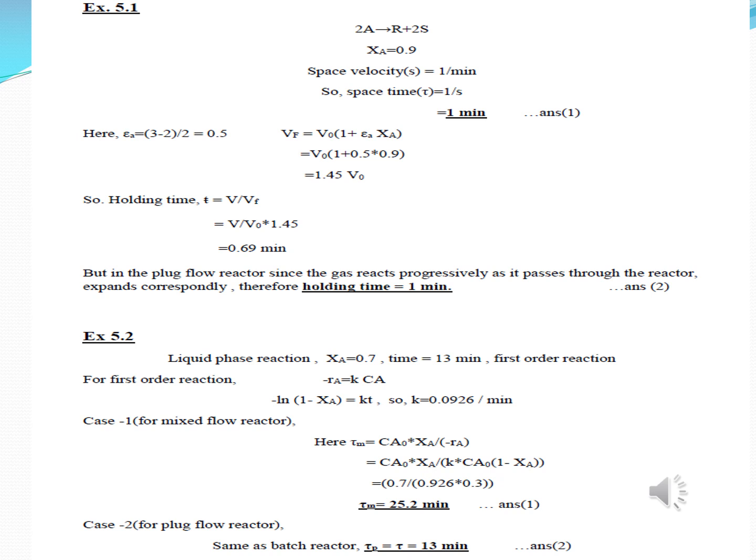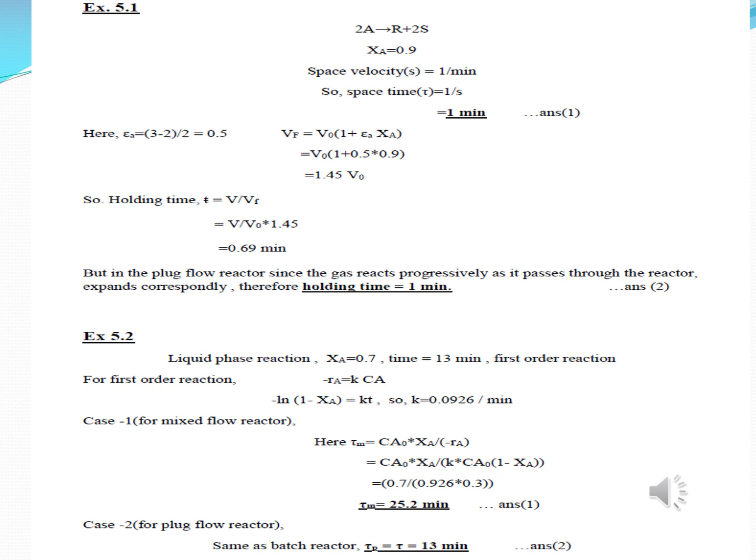For the mixed flow reactor, we calculate the space time. Its performance equation is tau equal to CA naught XA over minus rA, and when we are given all those values, we can put them in and convert the equation into conversion form.